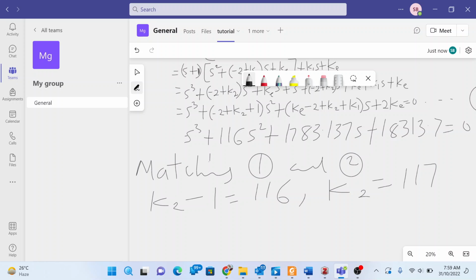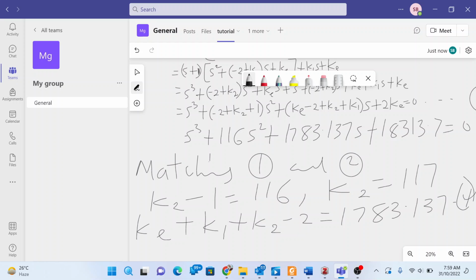Now the second expression, the one with coefficient s. That's going to be ke plus k1 plus k2 minus 2, equal to 1783.137. So let's leave that as equation 4.